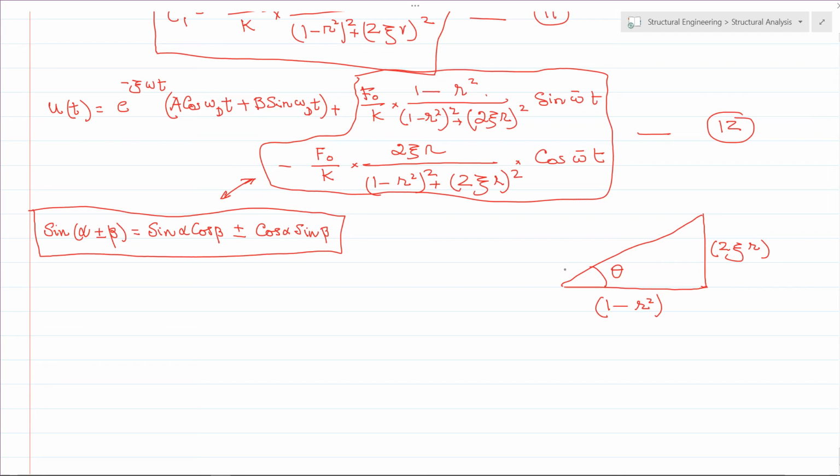So of course this hypotenuse will be 1 minus r square whole square plus 2 times xi c omega r whole square under the root.